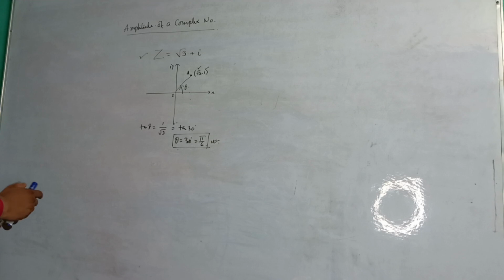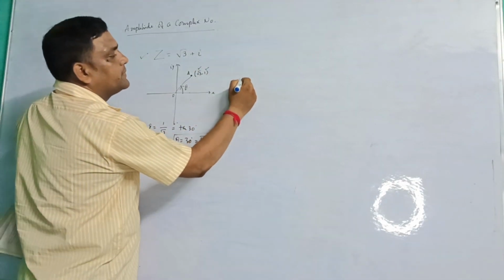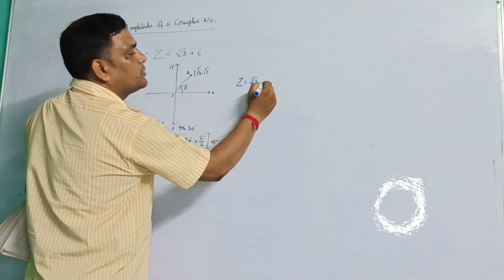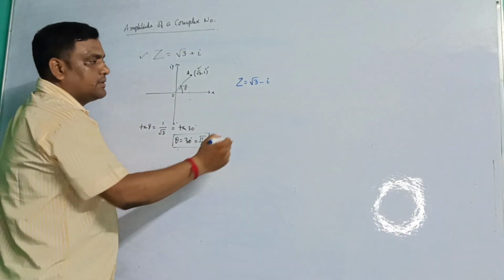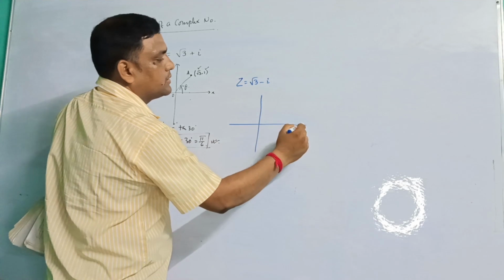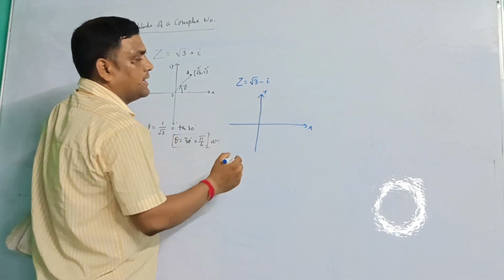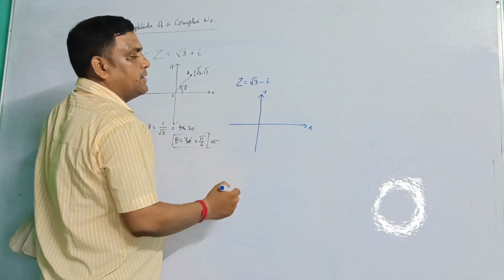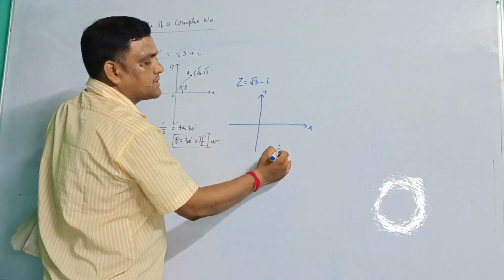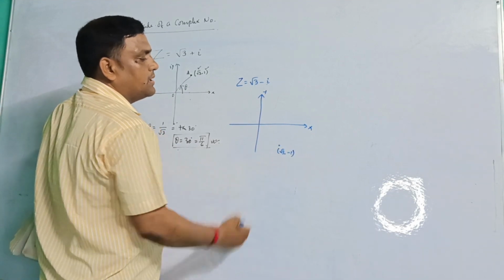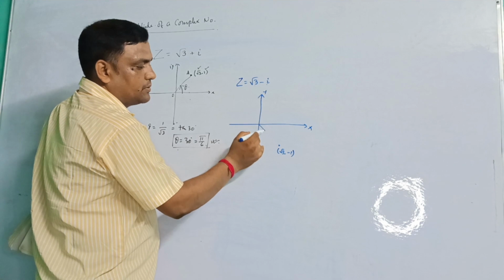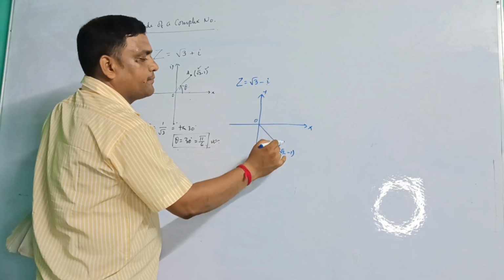Now, if we want to calculate the amplitude of z equal to root 3 minus i, then if you plot the diagram, x is plus and y is minus, so the point is somewhere here, root 3 comma minus 1. So here is your OA.